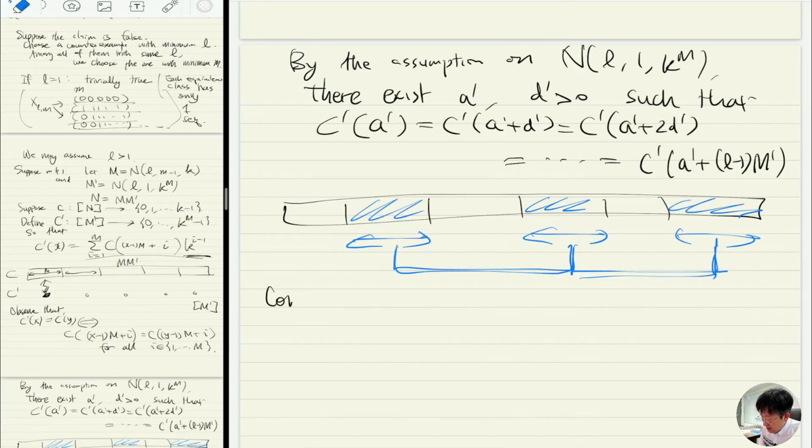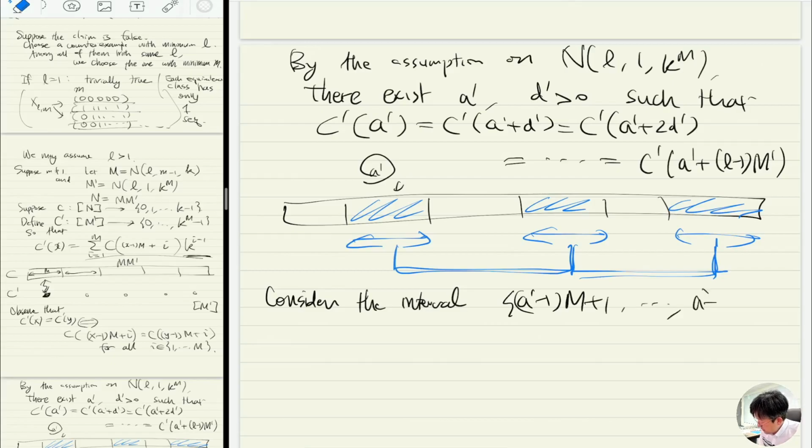Now we consider one of these intervals, the interval corresponding to a prime, so that's a prime minus 1 times M plus 1 up to a prime minus 1 times M plus M. So you have M integers.